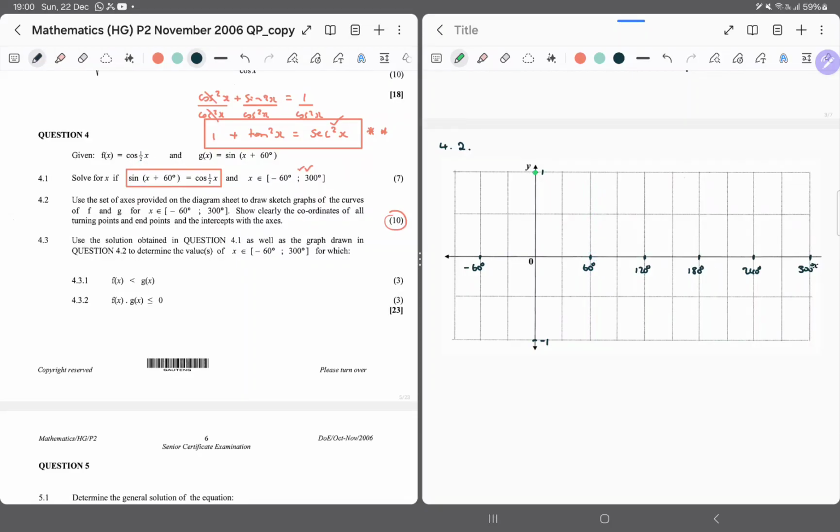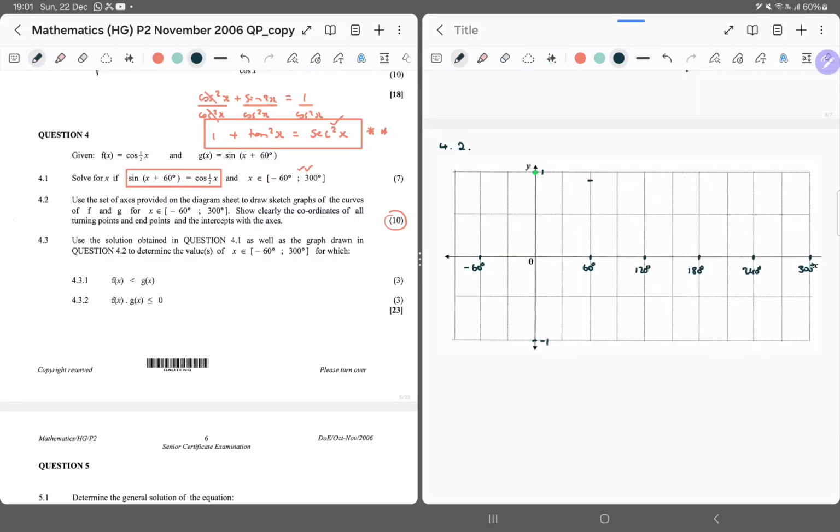Now, cos of 30 is root 3 over 2, and root 3 over 2 is 0.8 some change. So let's say 0.8 is over here. Okay, maybe it's a bit too far. Let's say 0.8 is over there.